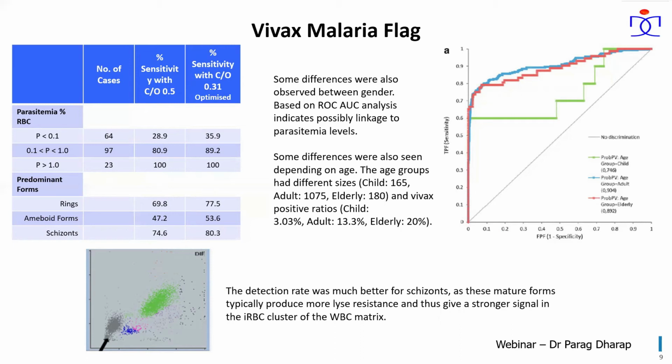As you can see, the performance of this particular ProbPV flag was very good when it came to adult as well as elderly individuals. It was slightly lower in the case of children.